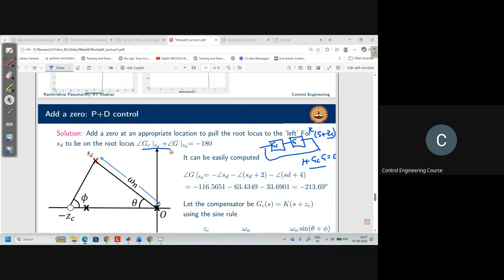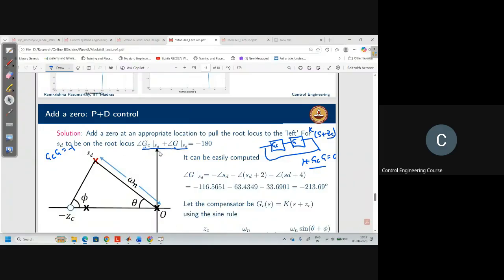The angle of GC times G should equal minus 180. That means the sum of angles added by the controller and the open loop transfer function should add up to 180 degrees. Then only we can make sure that your overall system pole is on the root locus, right?